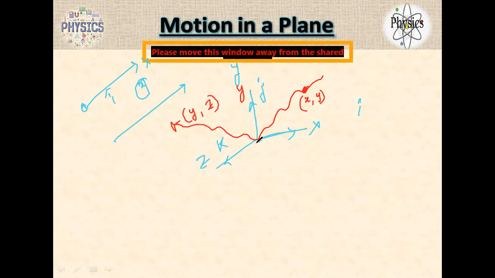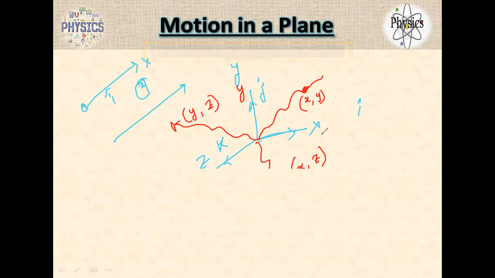But if the object is moving in the xz plane, then x comma z, right? So to describe the motion of an object in any plane, it could be xy, yz, or xz, we definitely need two coordinates.